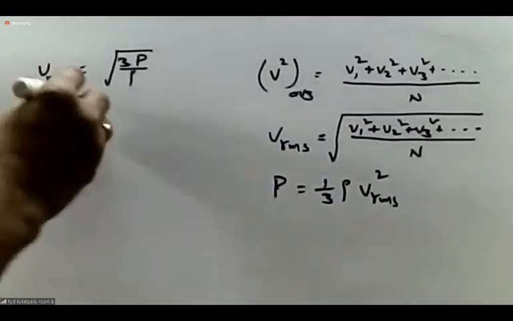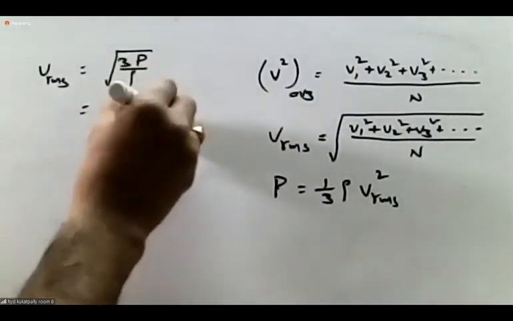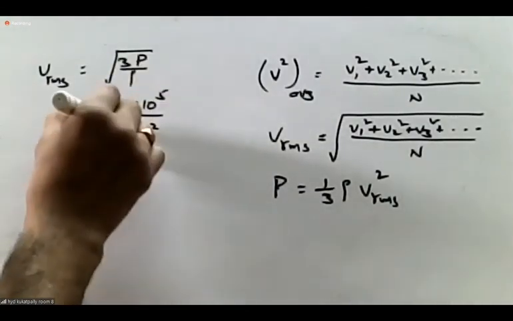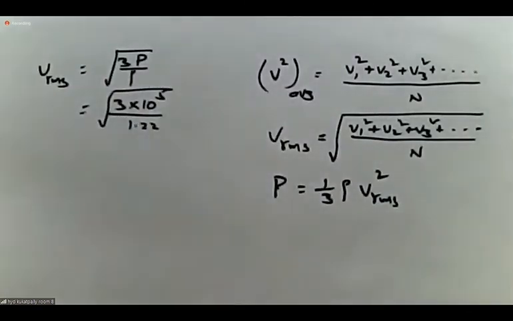Atmospheric pressure 1 lakh, 10 to the power 5. Density of air 1.22 kg per meter cube. If you do this, you will get around 400. Each air molecule surrounding us is moving with a velocity on the average of 400 meters per second, greater than the velocity of sound. Keep it in mind.